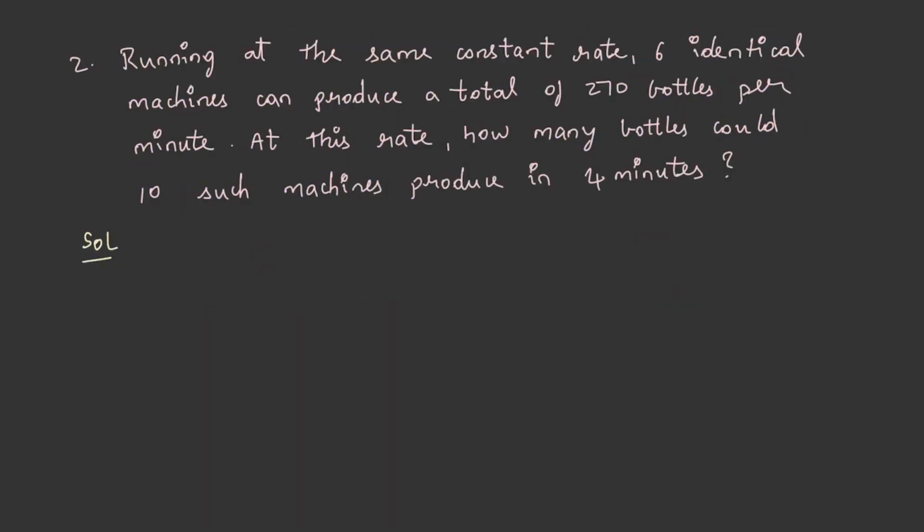Let's solve another question. Running at the same constant rate, 6 identical machines can produce a total of 270 bottles per minute. At this rate, how many bottles could 10 such machines produce in 4 minutes? Like the previous question, let's derive the elements from both the statements. Let M be the machines and B be the bottles or work done in this case, and T the time, which is minutes.